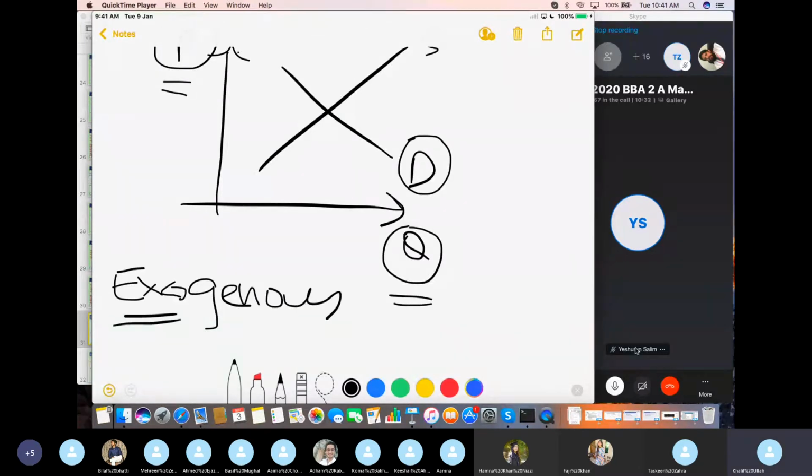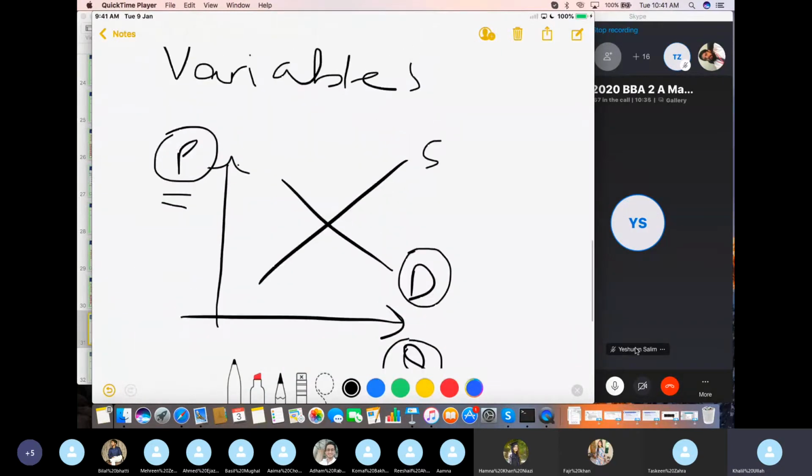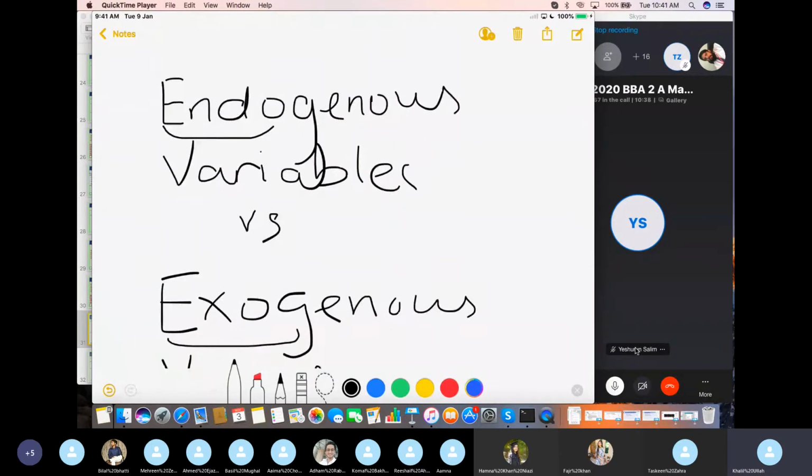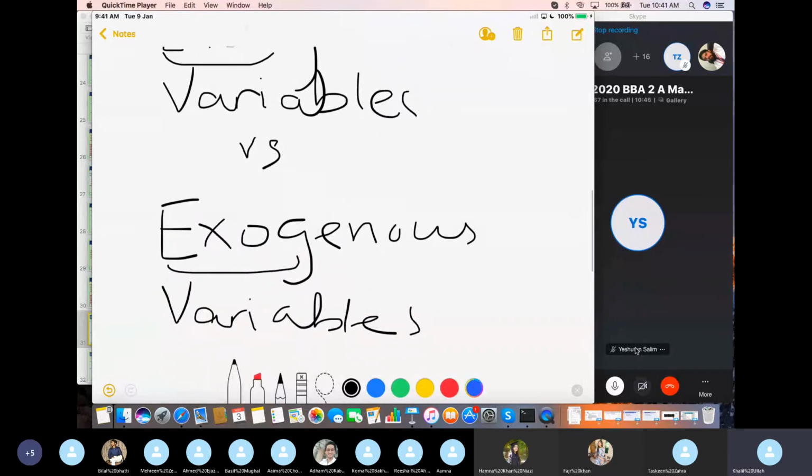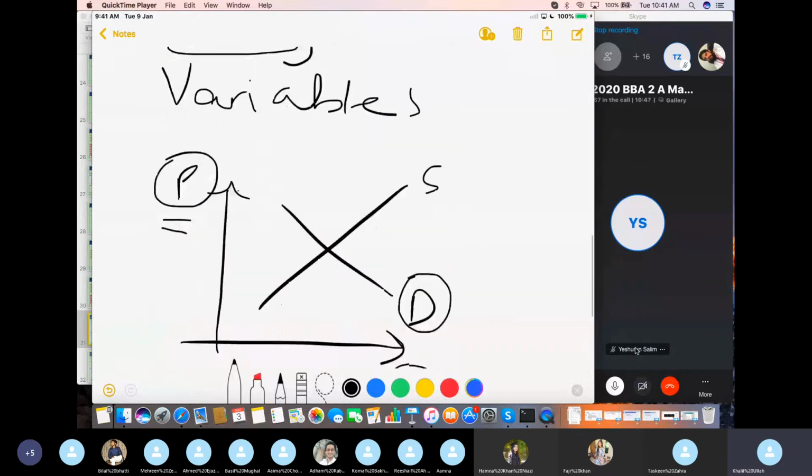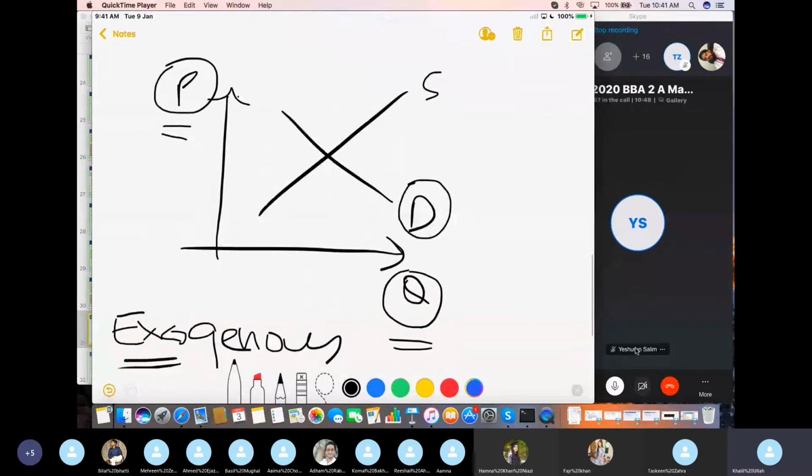Exogenous is like exit, you can remember it from exit, and endogenous you can remember from enter, maybe. So it's inside the model. Exogenous variables are those variables that affect the model, but we're assuming them to be constant when we come up with this demand and supply model. But changes in the value of the exogenous variables will eventually affect the model.